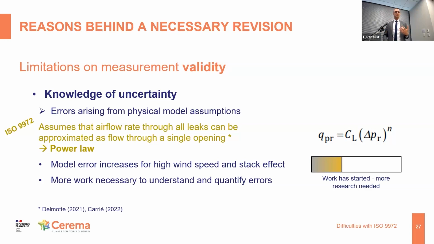Finally, I would like to show you some preliminary results from a simulation we recently did. We tried to quantify the flow error arising from different parameters. We simulated 3 million different buildings with different pressure exponents, different leak distributions, different pressure coefficient distributions, and different wind speeds on the building from 0 to 10 meters per second.